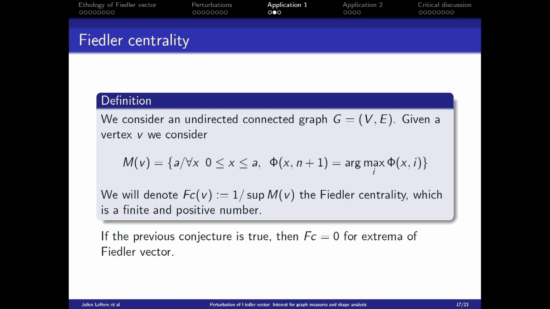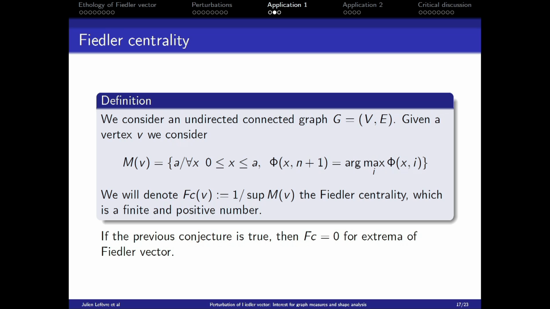Application 1. Given the previous proposition, it's possible to define a new metric for graphs, for networks. This metric is based on the previous set I defined here, and we consider the inverse of the sup of this set. When you have the threshold where the Fiedler vector of the perturbed graph no longer has its extremum on the new vertex, you take the inverse of this threshold, and it provides you a Fiedler centrality.